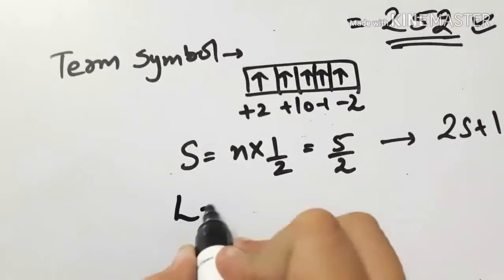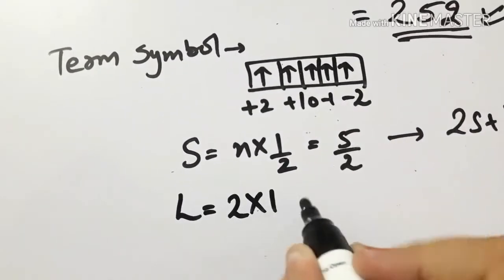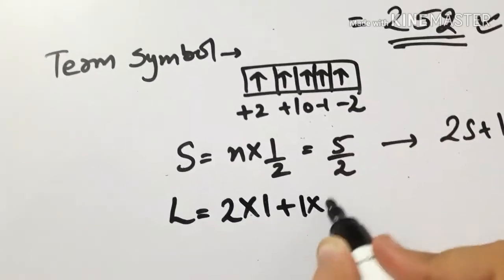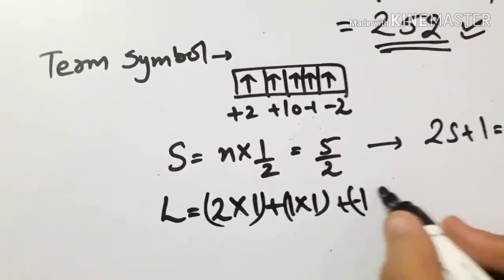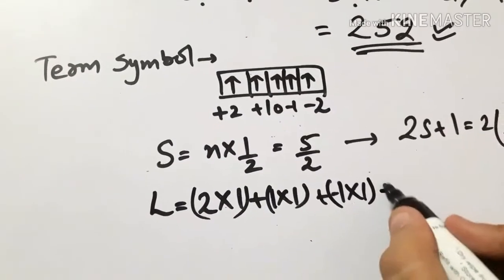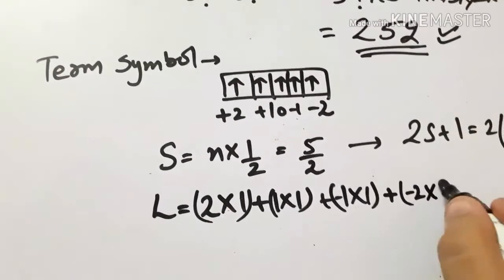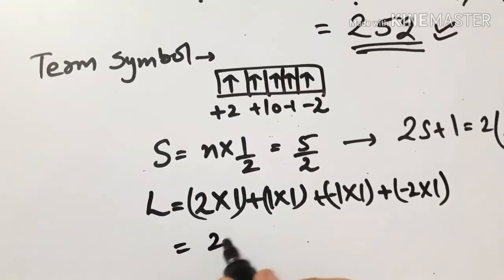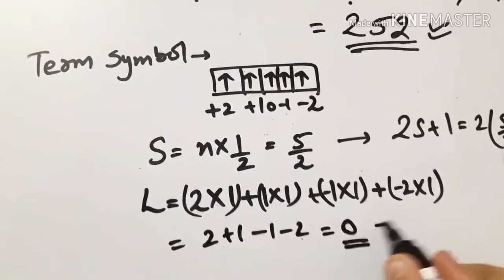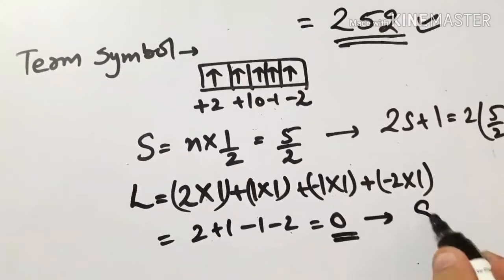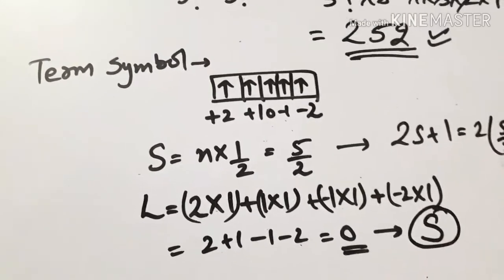Now L equals 2 into 1 plus 1 into 1 plus minus 1 into 1 plus minus 2 into 1, that is 2 plus 1 minus 1 minus 2, all cancel out and it comes out to be 0. So L is 0, for S, as we have discussed earlier.